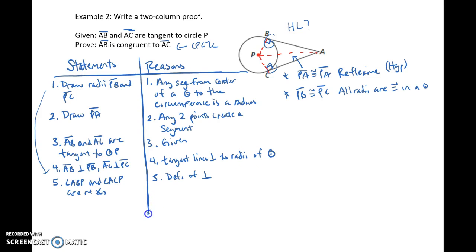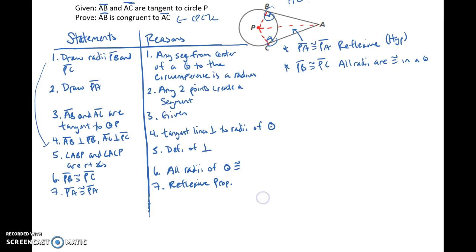And then I have those right angles, which are great because hypotenuse leg only works for right triangles. And then we can keep going and say how I know the legs are congruent because they're radii, and PA, the hypotenuse, by the reflexive property. And once I have the right triangle, the right angles, congruent legs, congruent hypotenuses, then we have HL. And that HL leads me to CPCTC.